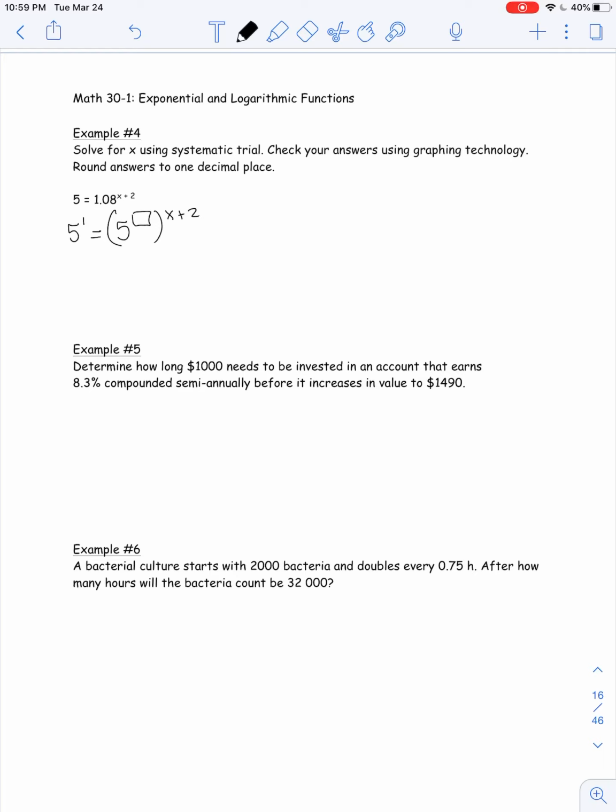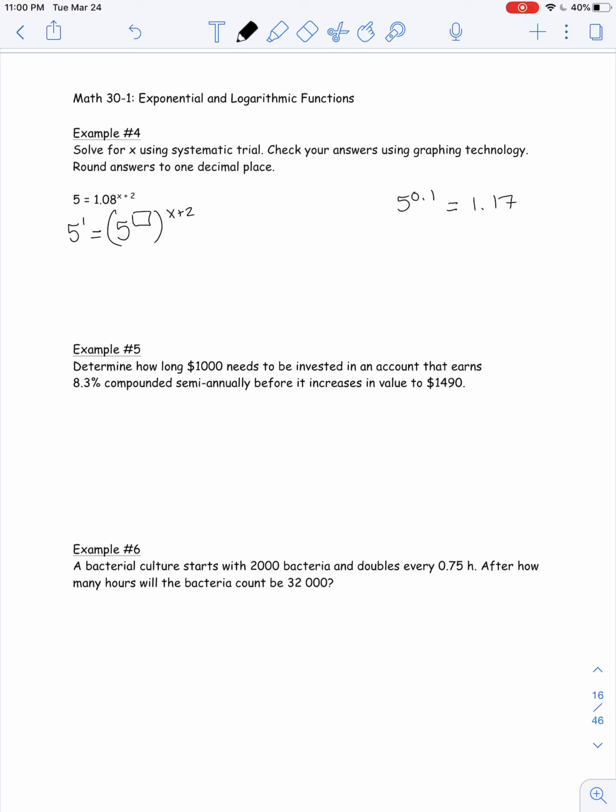So I first tried 5 to the power of 0.1. So 5 to the power of 0.1 equals, I got 1.17, which is close.